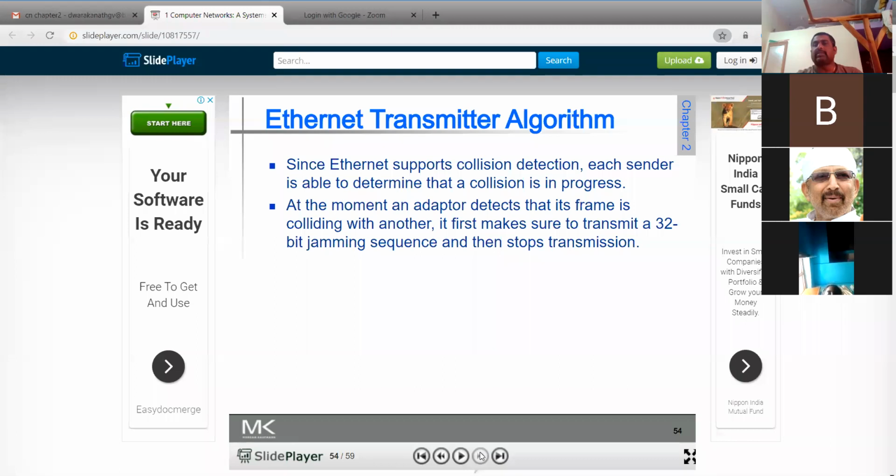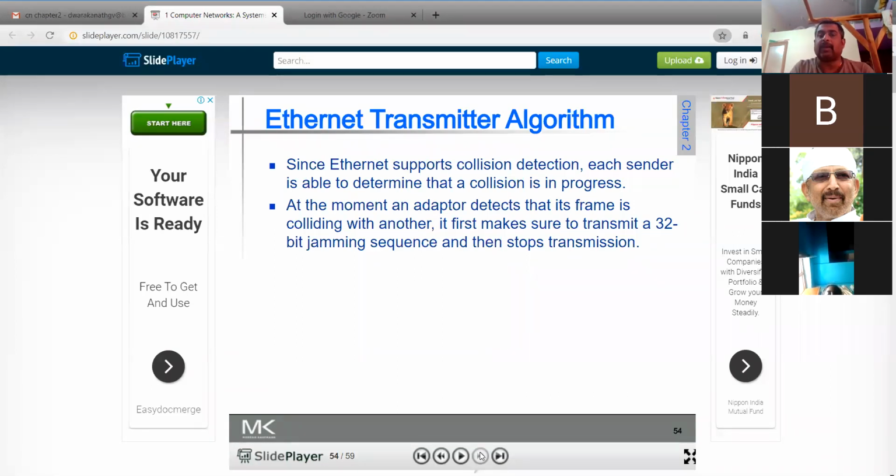That is, once the frames have been sent at the same time, the senders who have sent those frames must determine that yes, a collision is occurring. How will it listen for the collision? As I told you in our last class, whether on the receiver side or the sender side, the systems will listen and detect the collision.